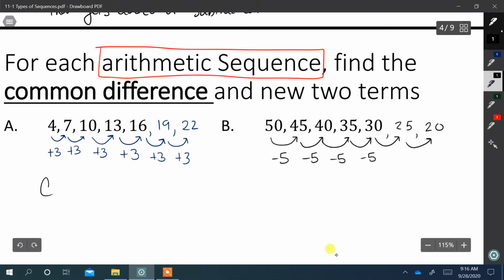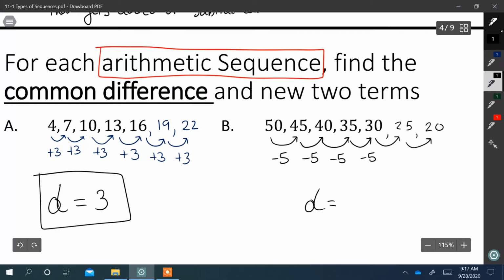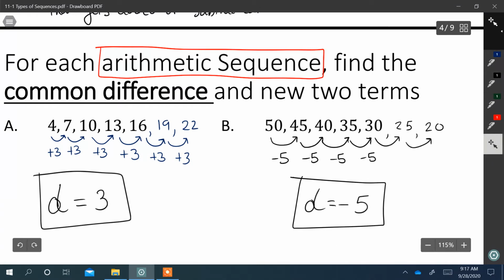Now the common difference on this one here, which I'm going to write as D. So the common difference is usually denoted as D. It's going to be 3. The common difference in this one, which is denoted as D as well, will be -5. Okay, because on the second one we're subtracting 5, on the first one we're adding 3 constantly, and that is an arithmetic sequence.